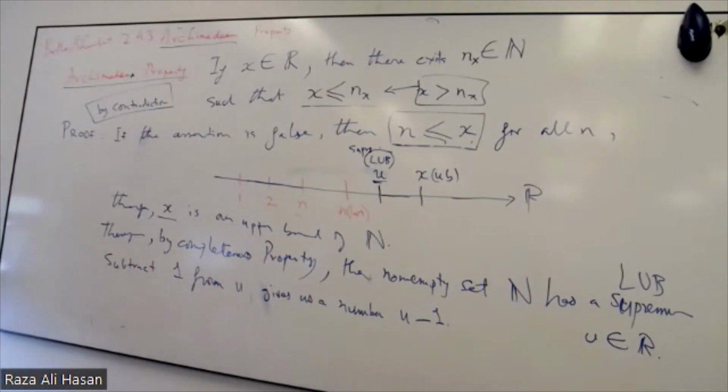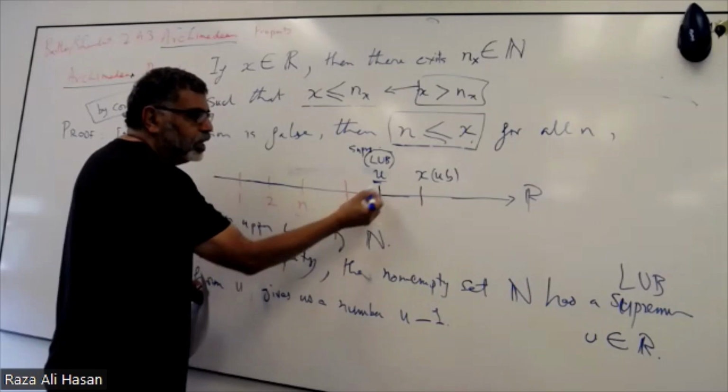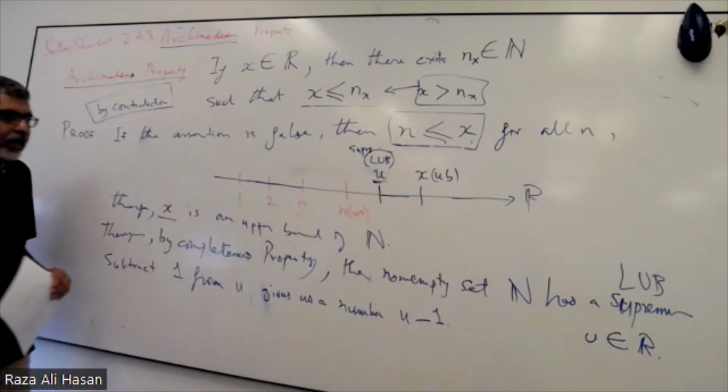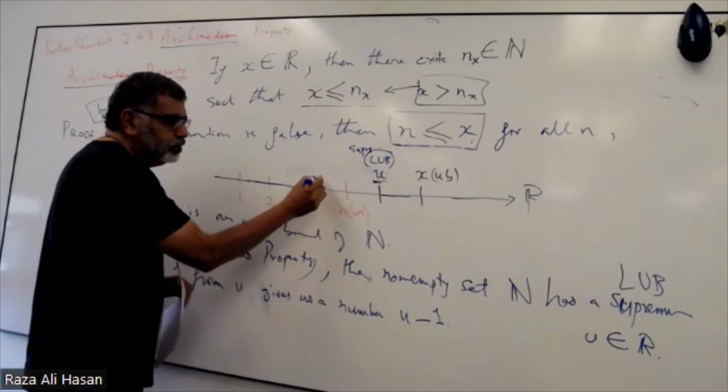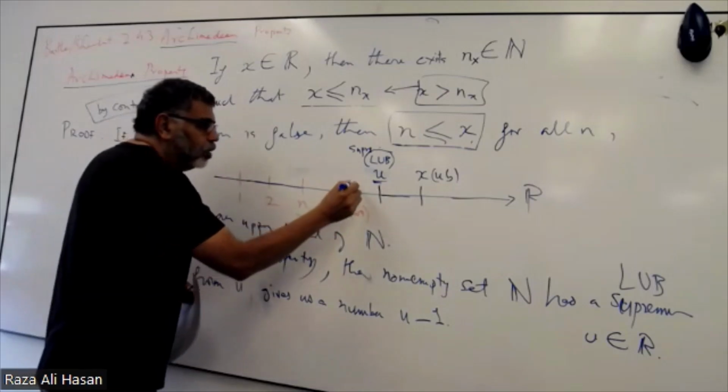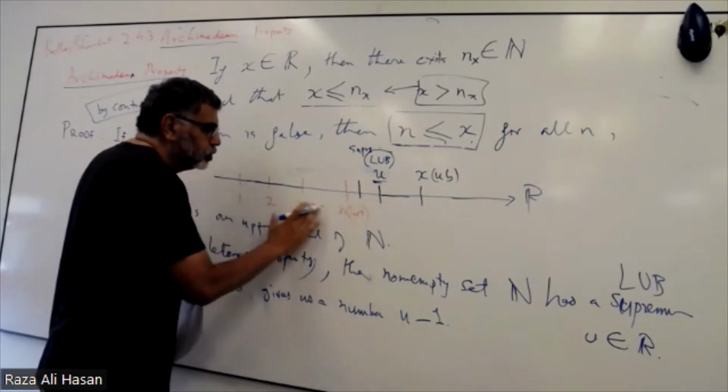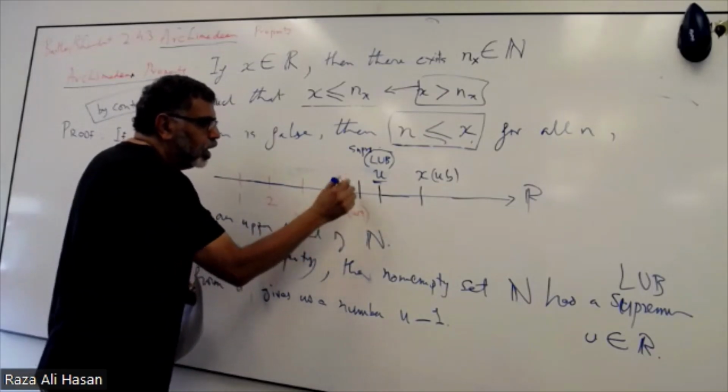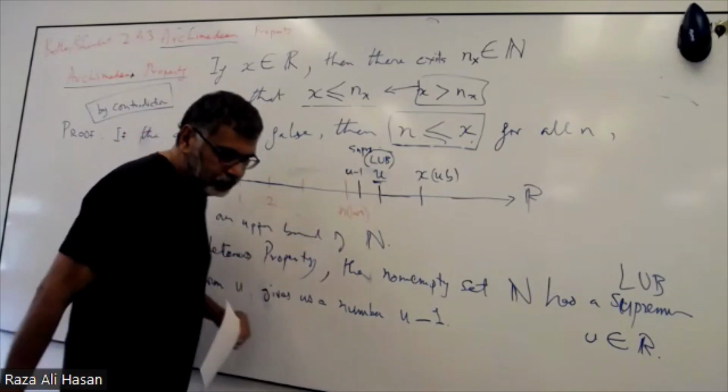So let's fit it. Where will it go? U minus 1. We took 1 away from u. Is it going to be here or to the left of u? To the left. We could stick it even here, it doesn't really matter. I'm going to stick it right here next to our n. So u minus 1 is here.